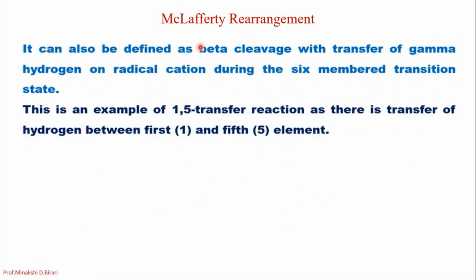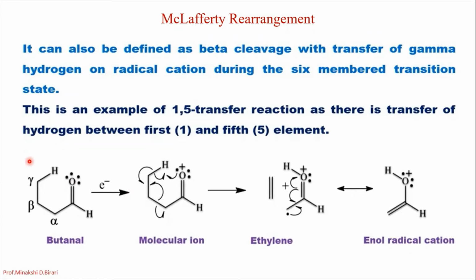The McLafferty rearrangement can also be defined as beta cleavage with transfer of gamma hydrogen on the radical cation during the six-membered transition state. This is also an example of a 1,5 transfer reaction, as there is a transfer of hydrogen between the first and fifth element. So this will be the same example, butanal.